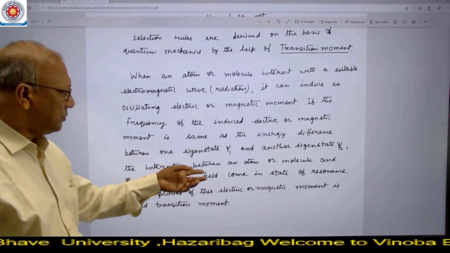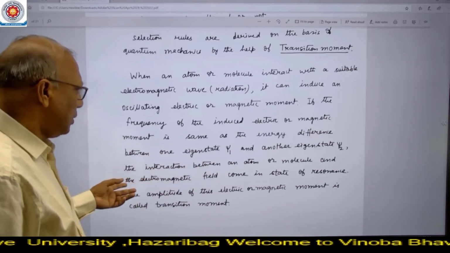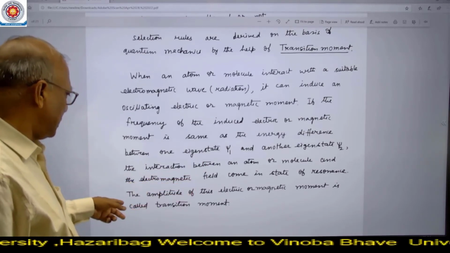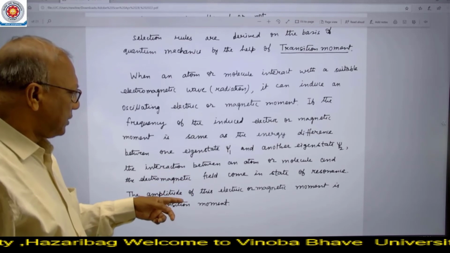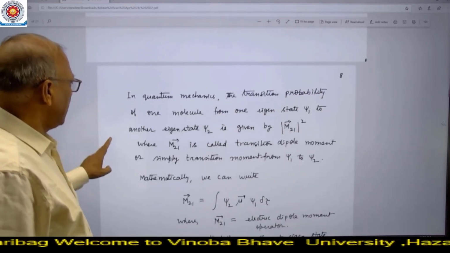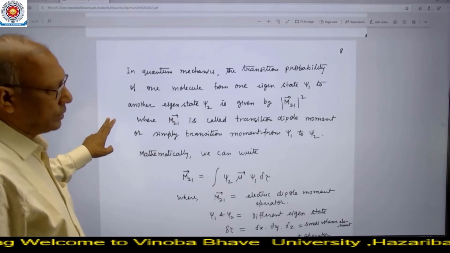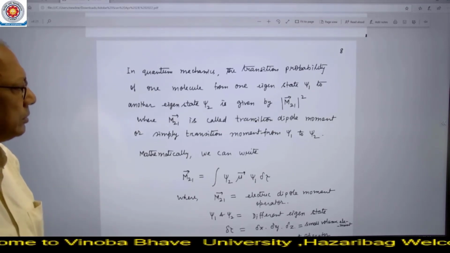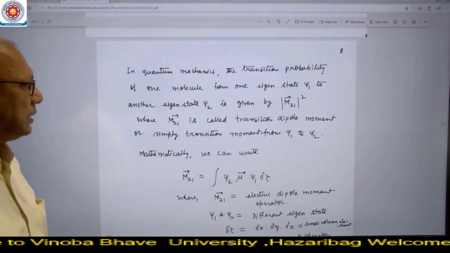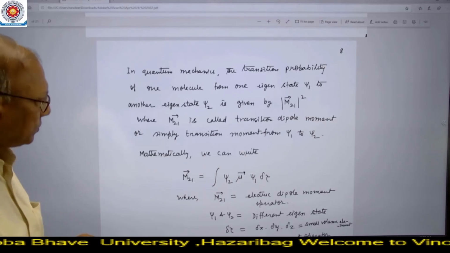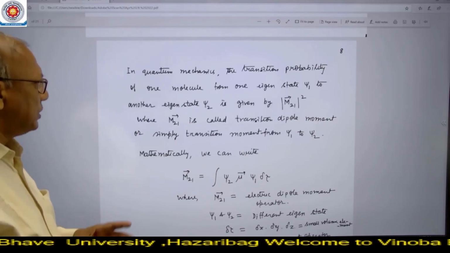The interaction between the molecule and the electromagnetic field comes into a state of resonance. The amplitude of this electric or magnetic moment is called the transition moment. Actually, resonance takes place only when the energy of the electromagnetic radiation and the energy of the atom in the particular state become equal.